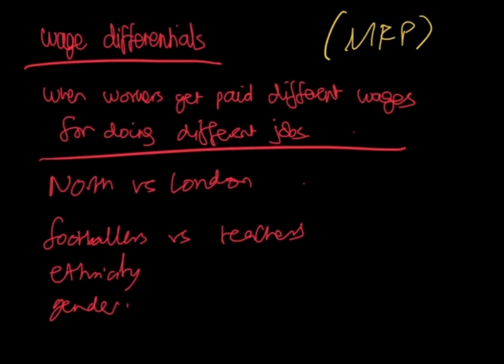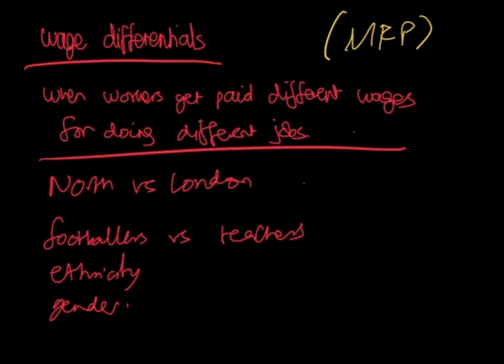Ethnicity and gender. What about those ones in terms of MRP? So not including discrimination, assuming it is fair, why on average would some ethnicities get higher pay than other ethnicities, and male versus female? Would it be about the leisure and the opportunity cost of it?